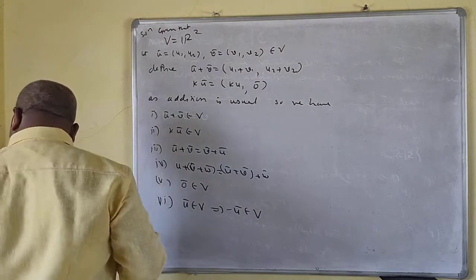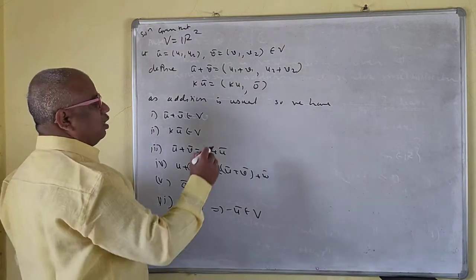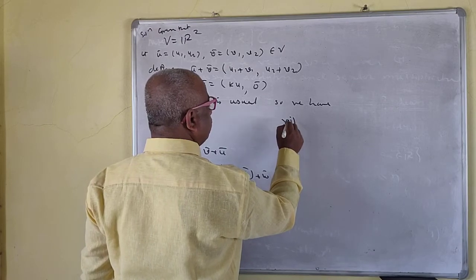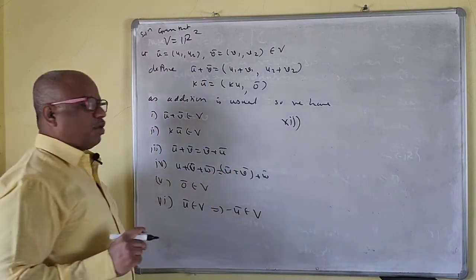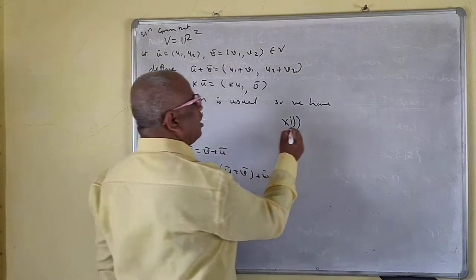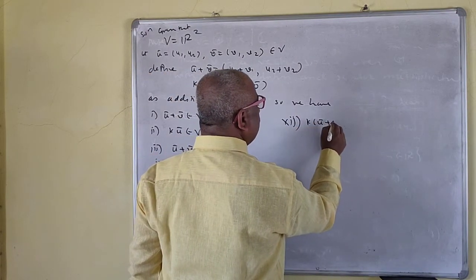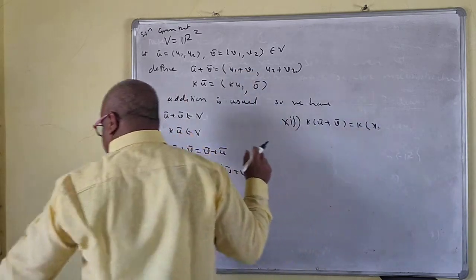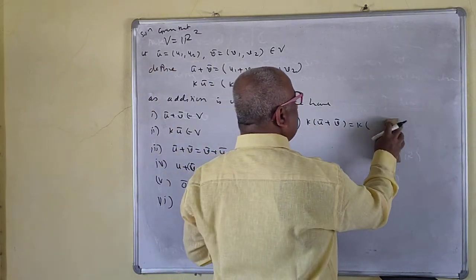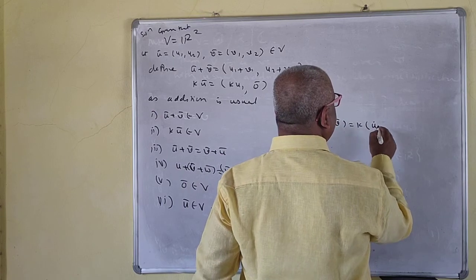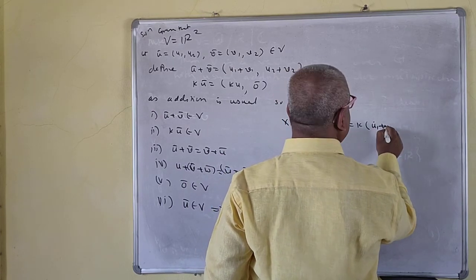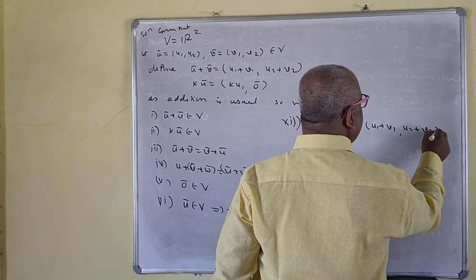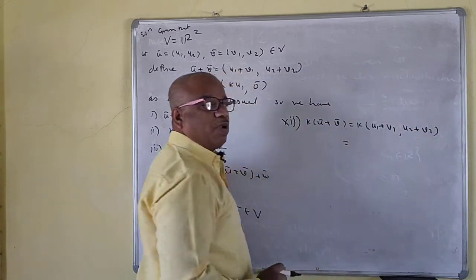Now we go for the seventh one. k into u bar plus v bar is k into (u1 plus v1, u2 plus v2). Now how do we multiply by k?